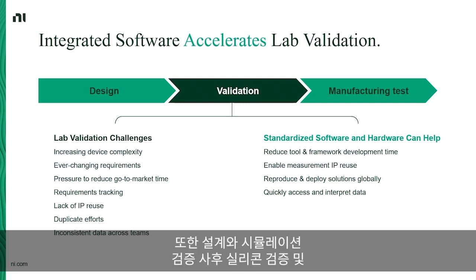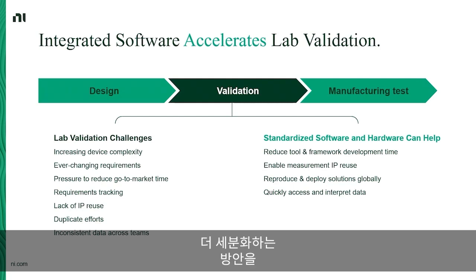They're also looking to break down or further break down the silos that might exist between design and simulation and verification through to post-silicon validation and characterization, and all the way through to production test, things that will help with requirements and specifications tracking and data management, not just within the silo of one of those spaces, but across the entire life cycle.